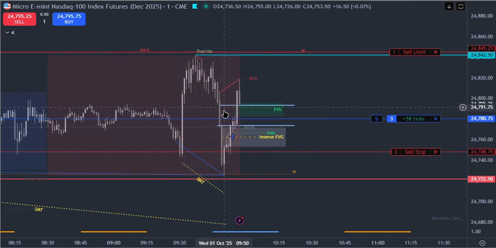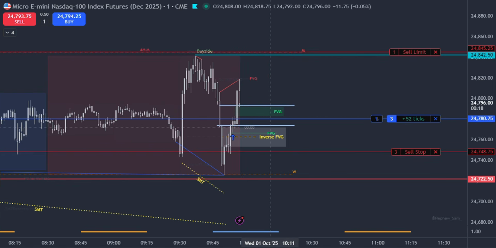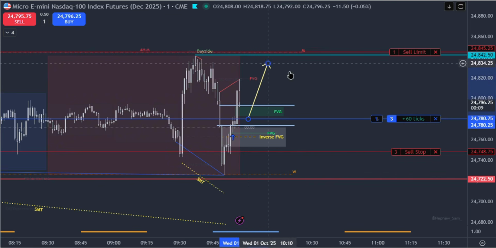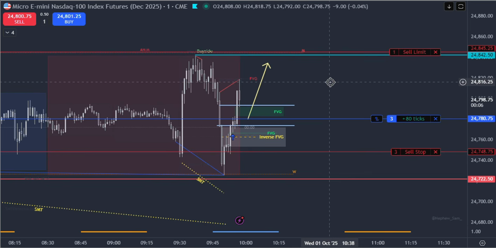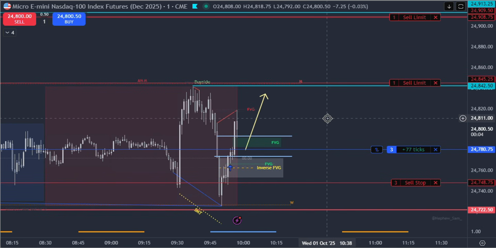This is another one. We're going to come retrace. Now, if we're still in a buy program, it's okay to retrace to it, but we're going to use it as support. And we'll put my little arrow here. From here, we're going to use it to take buy side, okay?